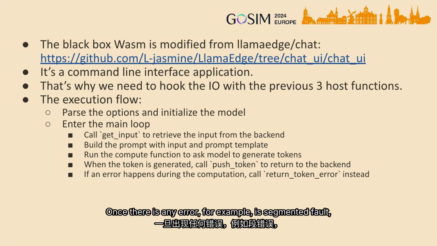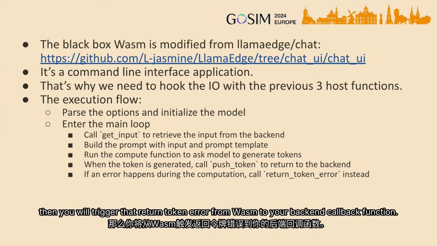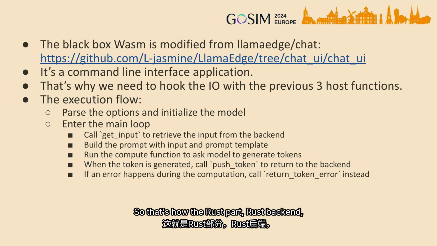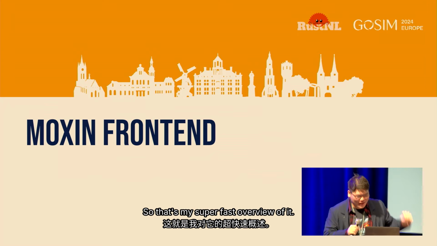Once there is any error, for example a segmentation fault, or the context is full, or lots of different errors, then it will trigger that return token error callback function from Wasm to your backend. So that's how the Rust backend and the Wasm application interact. Yep. So that's my super fast overview of it.